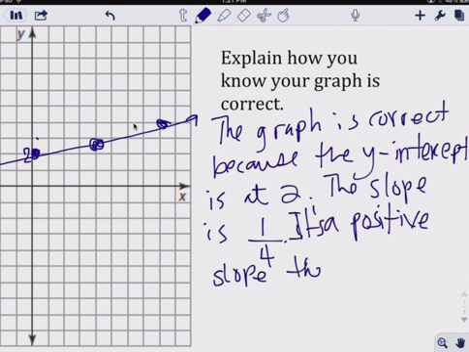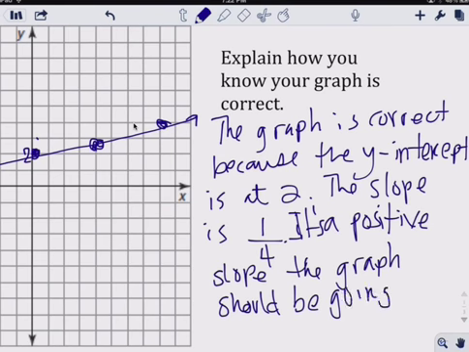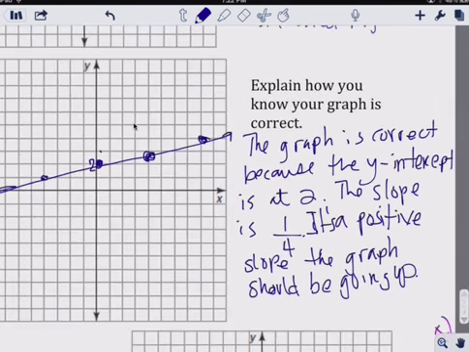The graph should be going up. In this case, it is going up.